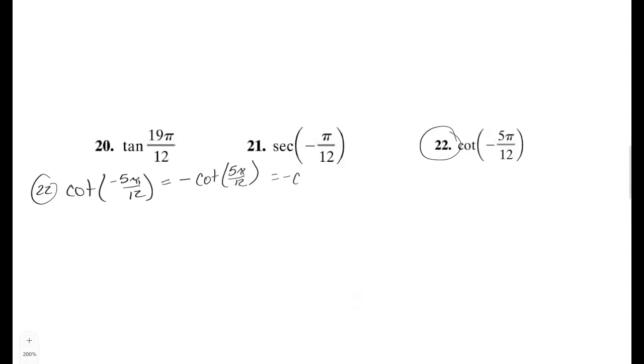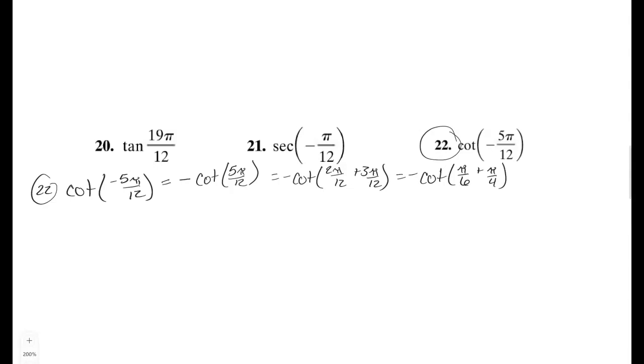So 5 pi over 12 is equal to 2 pi over 12 plus 3 pi over 12. And that's really pi over 6 plus pi over 4.